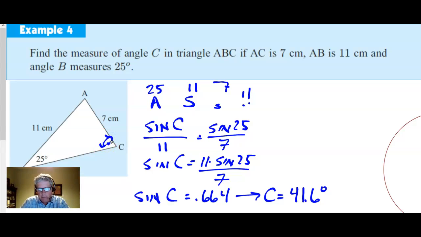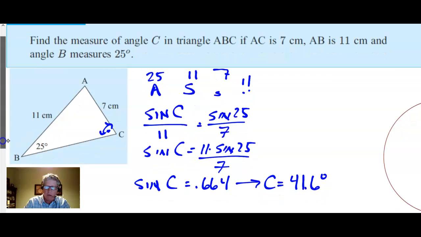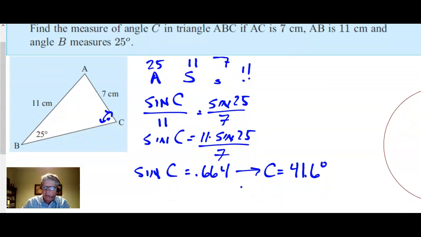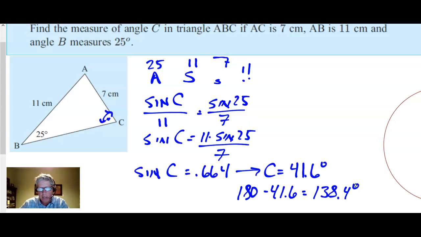But since this is an angle side-side case, I better say that 180 minus 41.6 is also a solution, and that is 138.4 degrees. But Mr. Sayers, that picture, I don't see it.